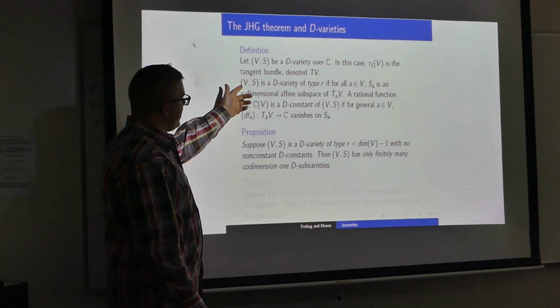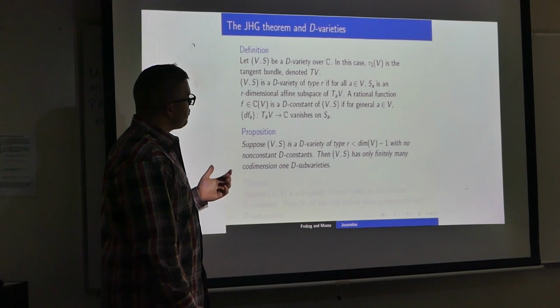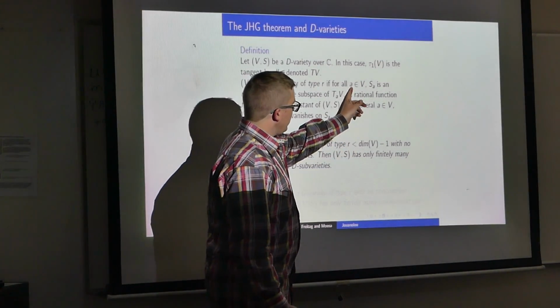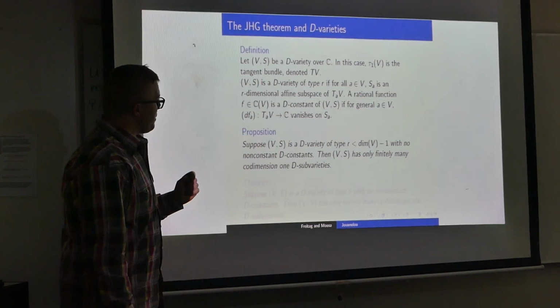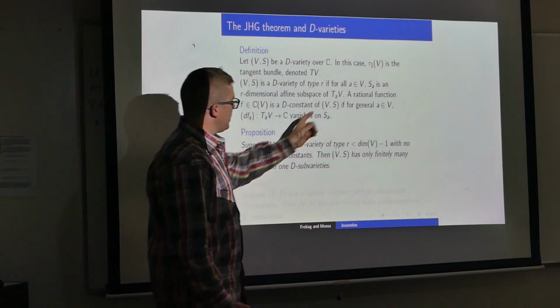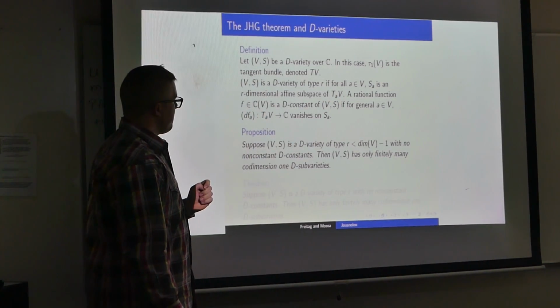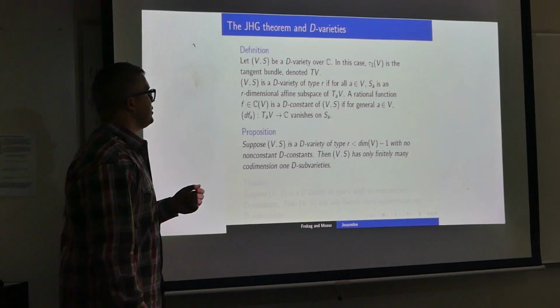I'll call this pair (V, S) a D-variety of type r if for each a in V, S_a is an r-dimensional affine subspace of the tangent bundle of V, given by some linear relations in the tangent bundle.